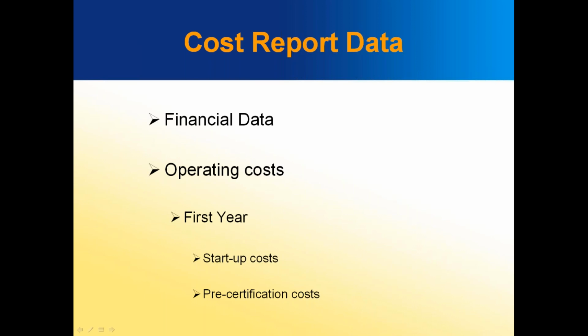So when we're talking about the financial data, one of the things that we need to stress is the first year agencies. If this is your very first time filing a cost report because you're newly certified, then we need to identify a couple of different dates, and that determines how different expenses are reported. So the first date is when you decide to go into business.